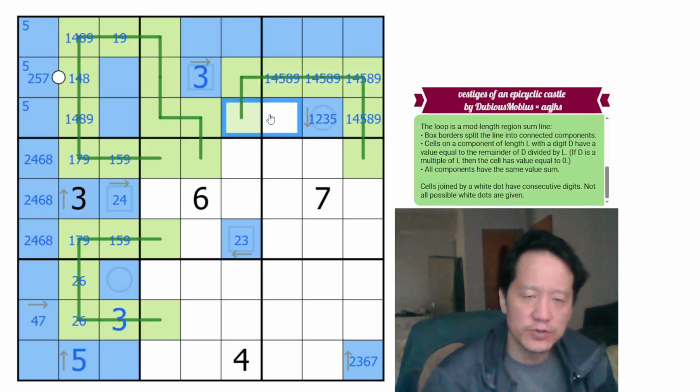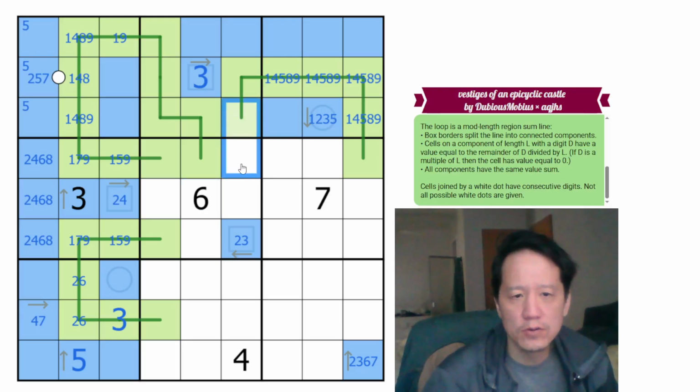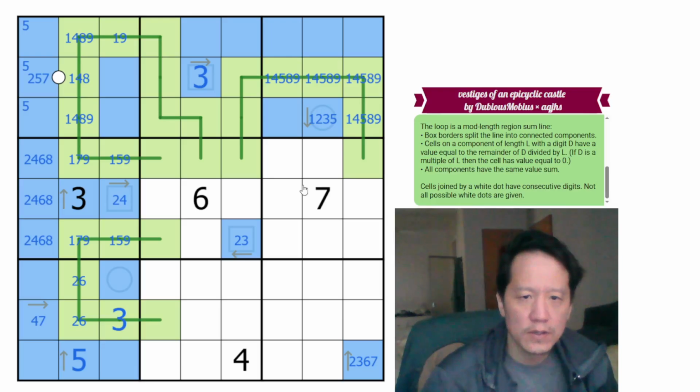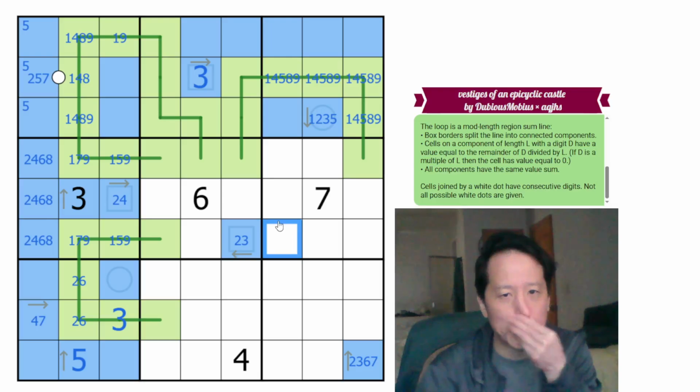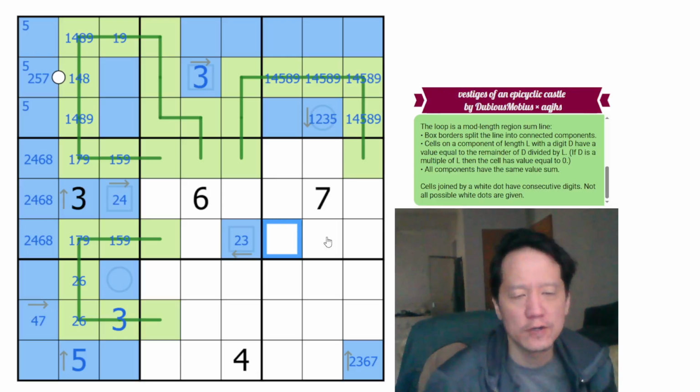So it cannot enter in and then exit back out because this can never have a value of 2 then. Same here. Well, this could actually still connect this way. This can never go this way. But it could do some weird... Well, even then, that funky stuff doesn't really work.